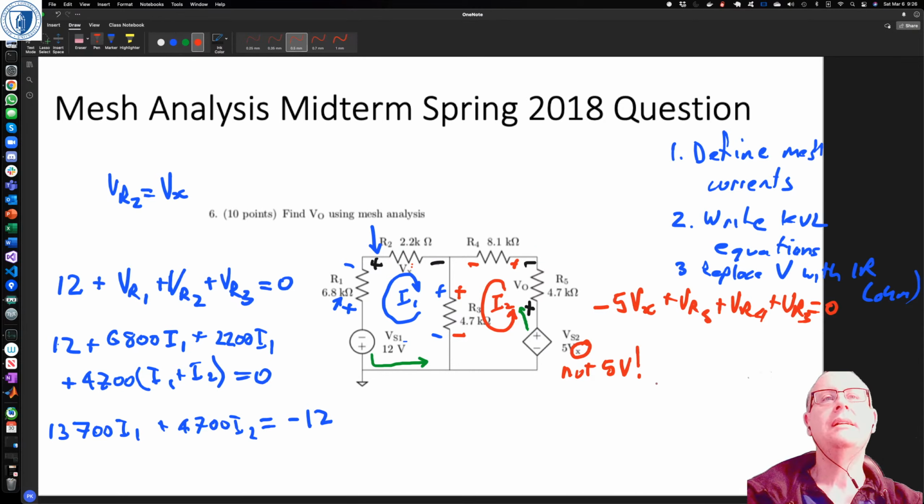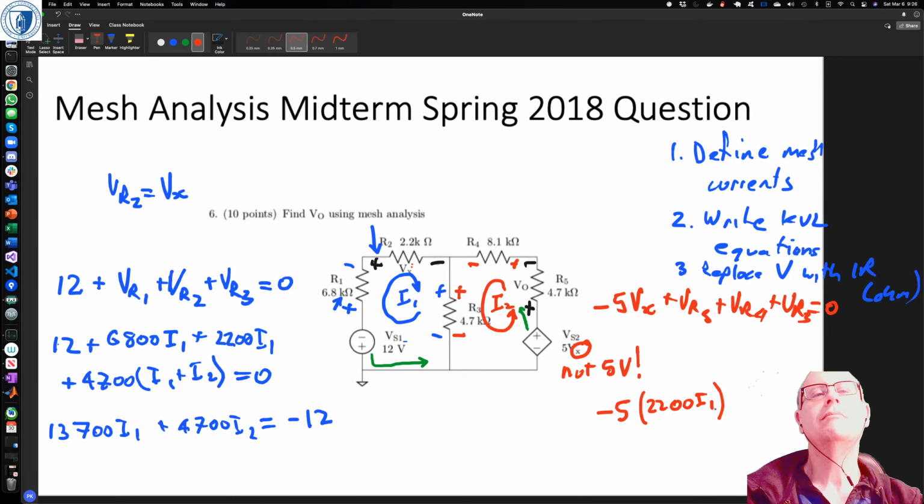And then now minus 5 Vx, because of the way we've defined Vx, it's just minus 5 times 2200 I1. And then plus VR5 is again no complications.